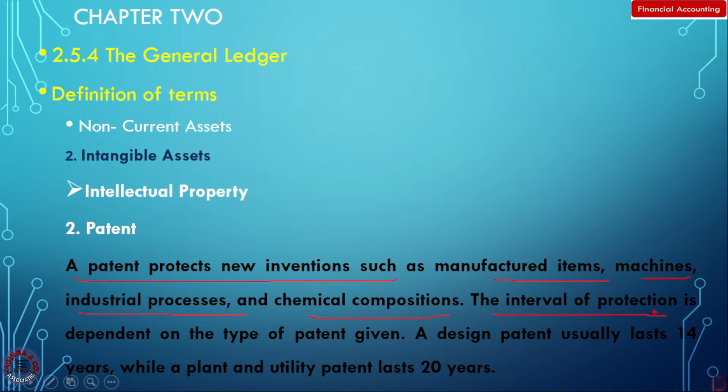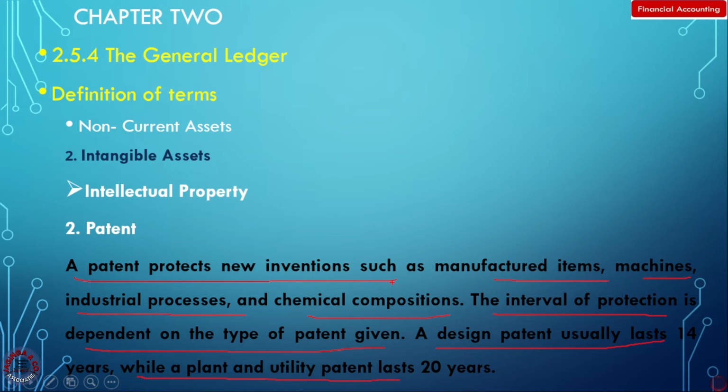The interval of protection is dependent on the type of patent given. A design patent usually lasts for 14 years, while a plant or a utility patent lasts for 20 years. So we are saying that a patent protects new inventions such as manufactured items.